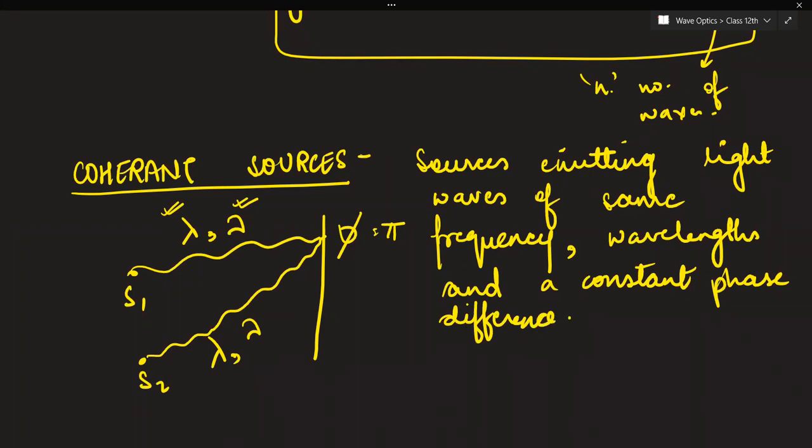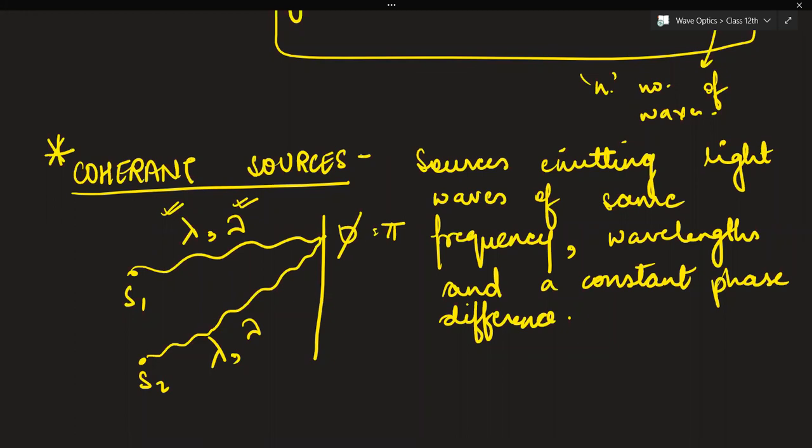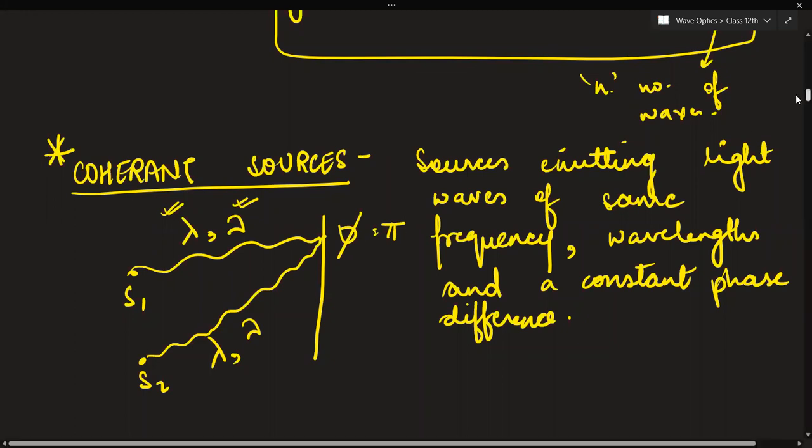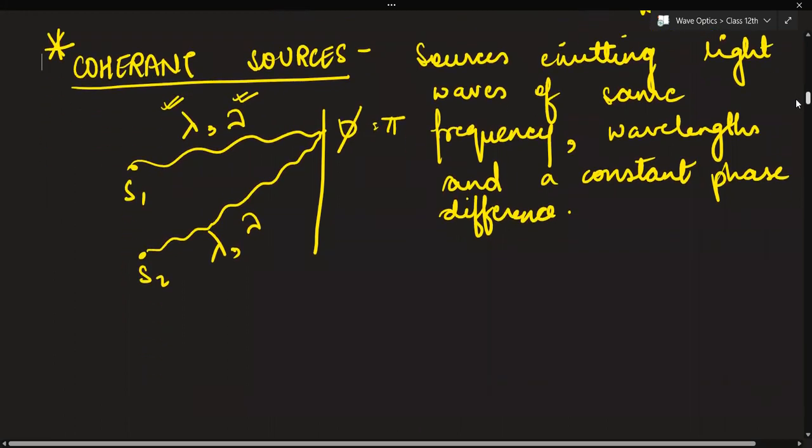Among all the topics that we have discussed, this one is quite important from your understanding point of view. Also, it can be asked in the exam. Direct definitions are a little less likely, but it can be asked. Now, two independent sources can never be coherent if their phase difference is variable.